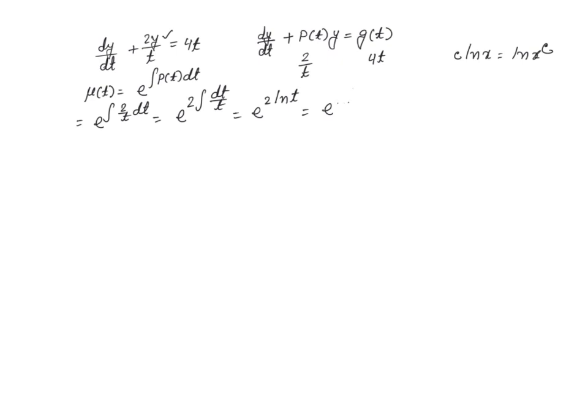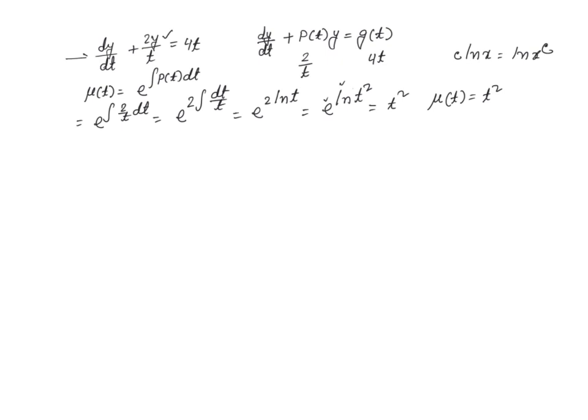It's going to be e to the power ln of t square. Now ln and exponential functions are inverses of each other, so they cancel each other's action, and this is going to yield just t square. So my integrating factor mu of t is nothing but t square.